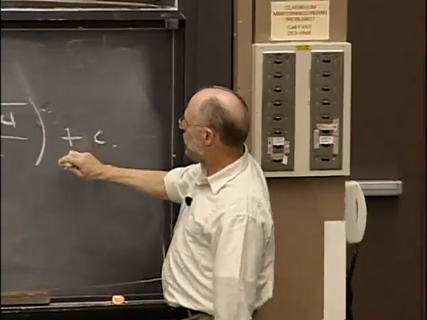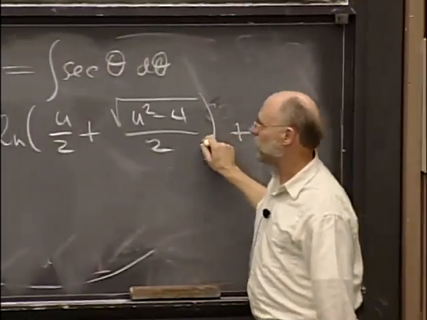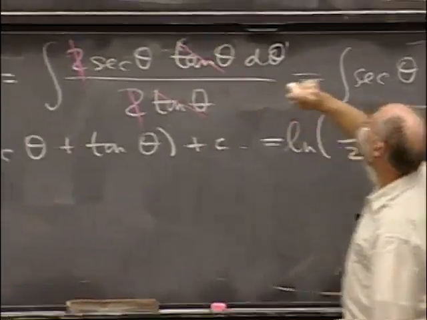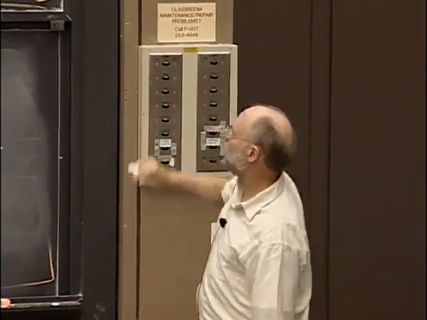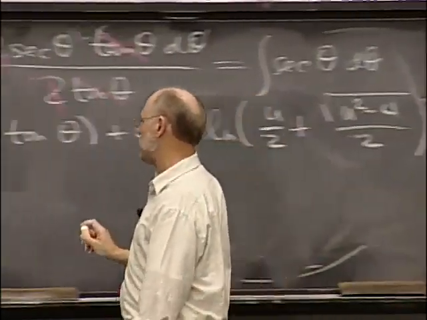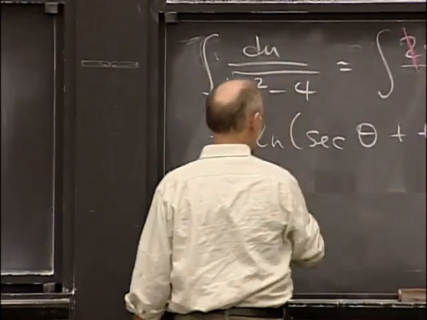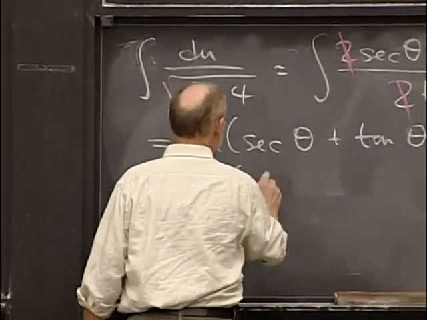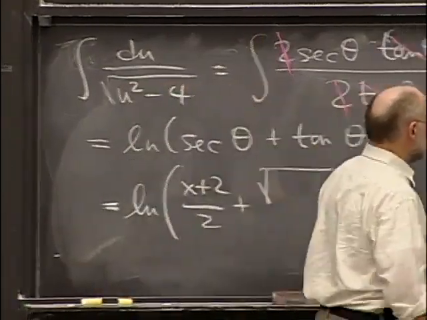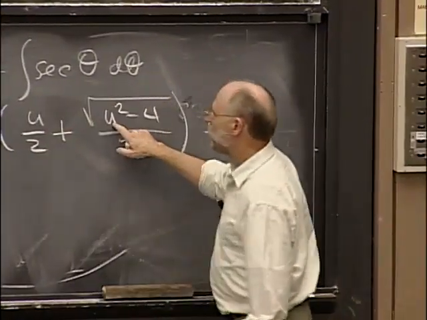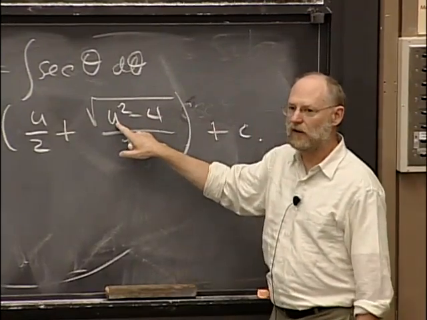I'm not quite done yet because my answer is in terms of u, and what I wanted originally was x. But this direct substitution that I started with is real easy to deal with. I can just put x plus 2 every time I see a u. And so this is the natural logarithm of x plus 2 over 2 plus the square root. What's going to happen when I put x plus 2 in place for u here?